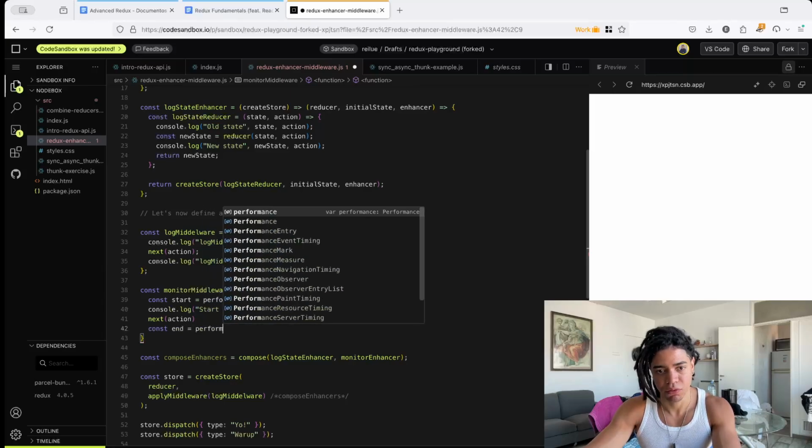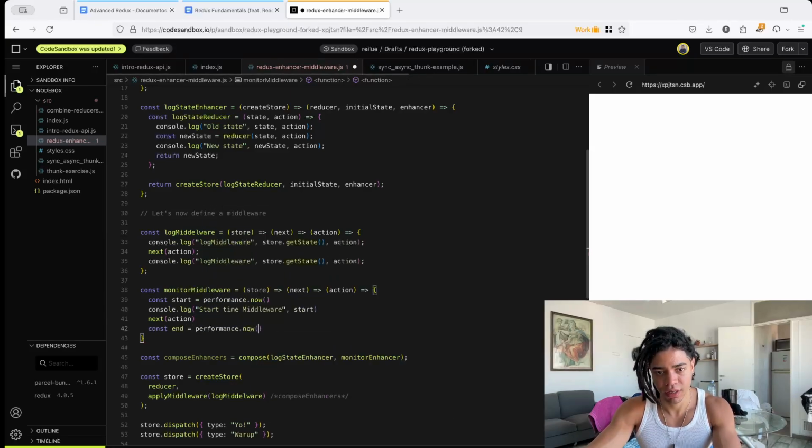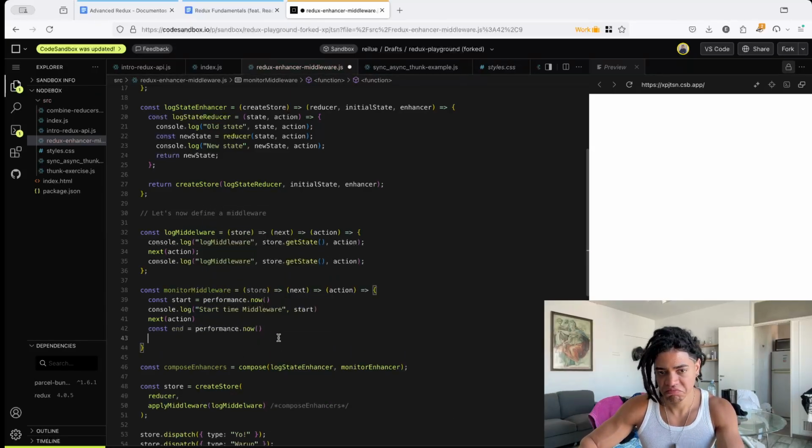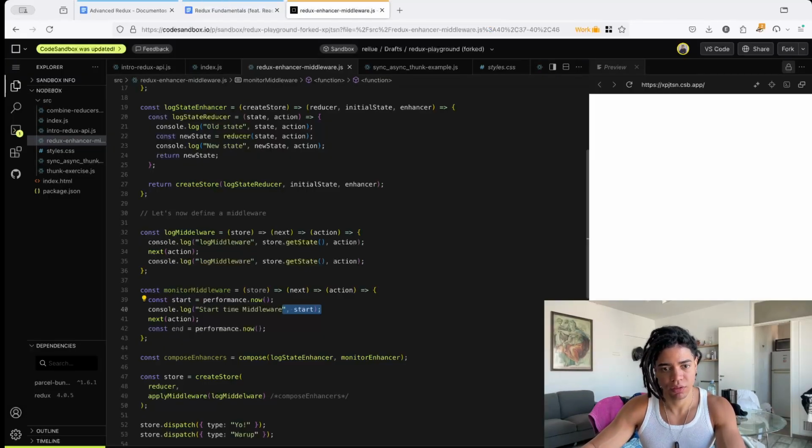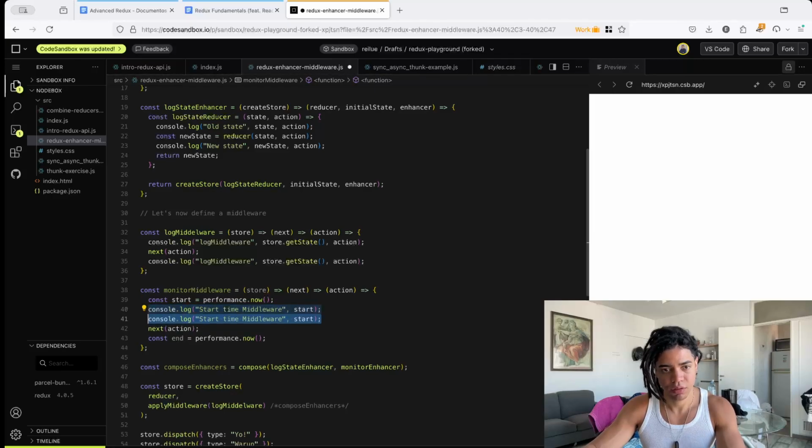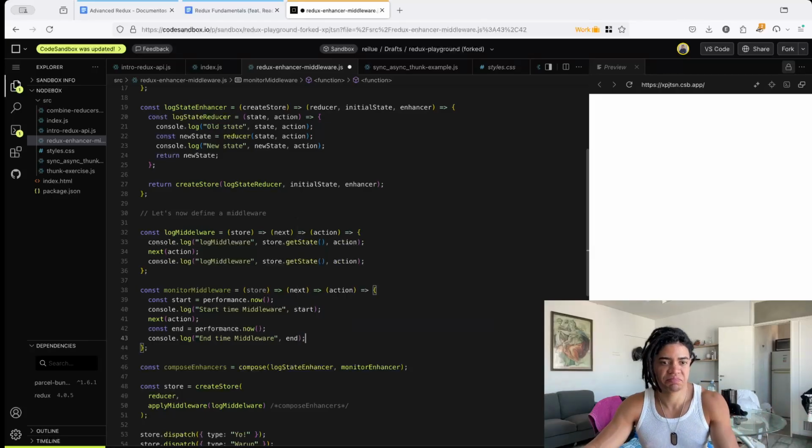You say performance.now. The only thing we're going to change is that this is the end time middleware, and that's it.